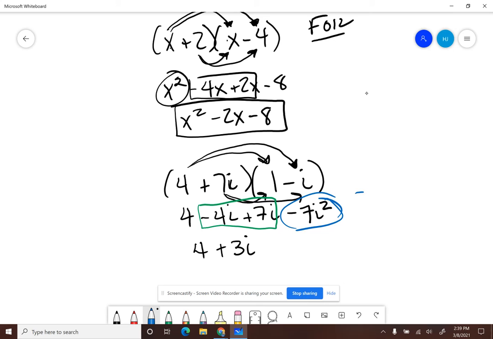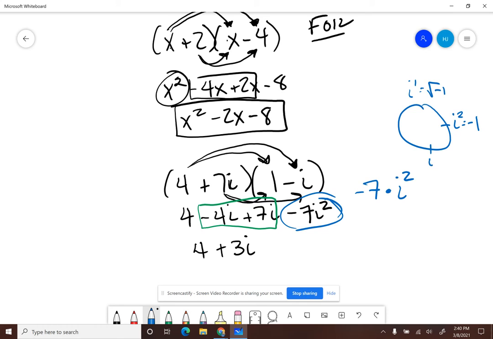Think about this as being negative 7 times i squared. Well, you remember when we did our little circle that we discovered that i to the first is the square root of negative 1, and that i squared is actually negative 1.